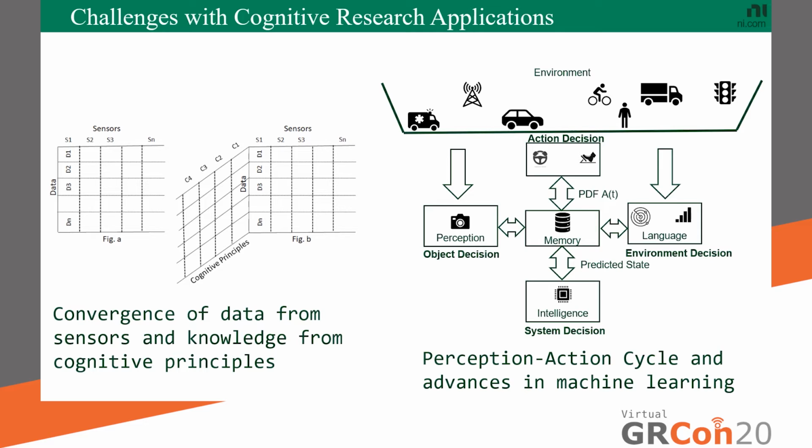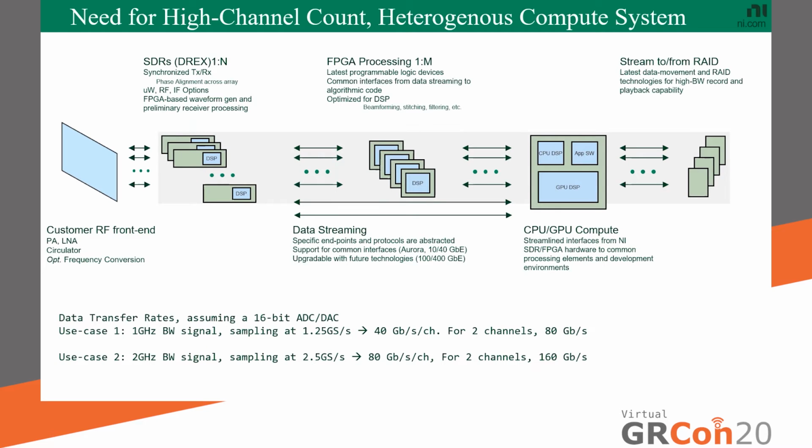And essentially what it is doing is providing a probability distribution function of different actions that the actuators can take that is going to maximize the reward signals. So reinforcement learning, which is the newest form of machine learning that combines all these principles, is putting more and more new demands on the system that can be used for doing cognitive research.